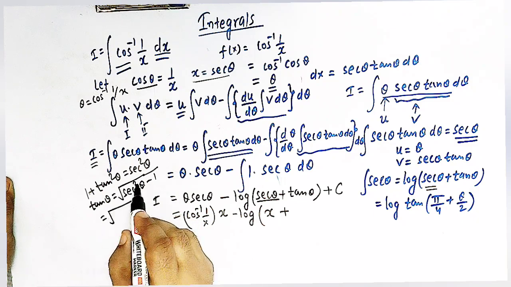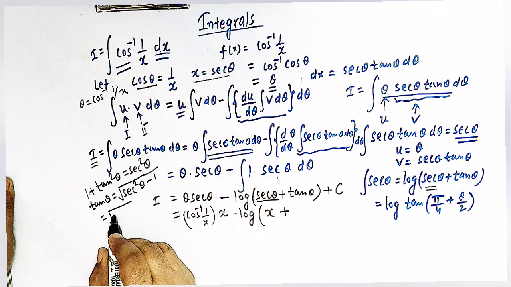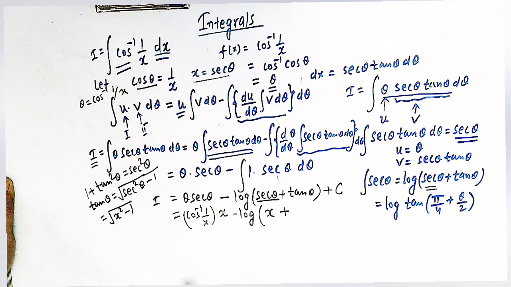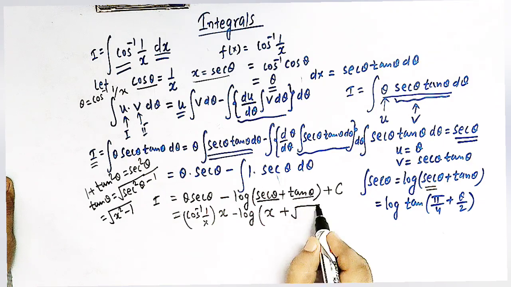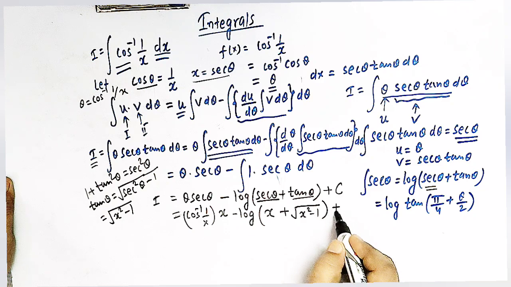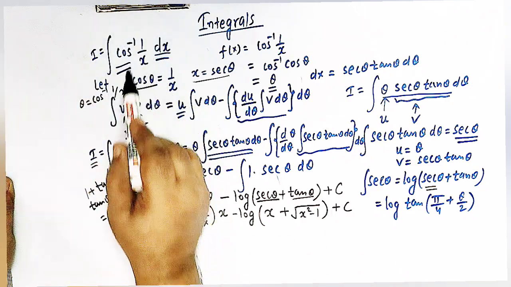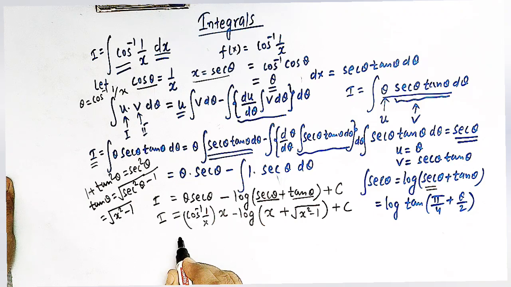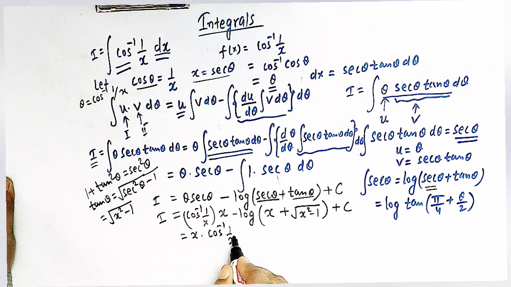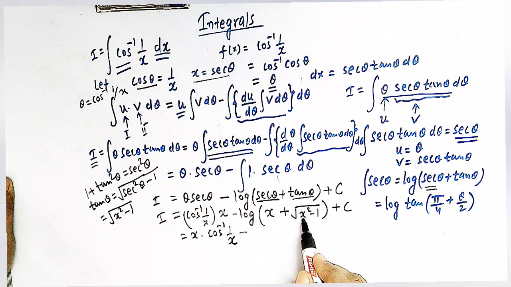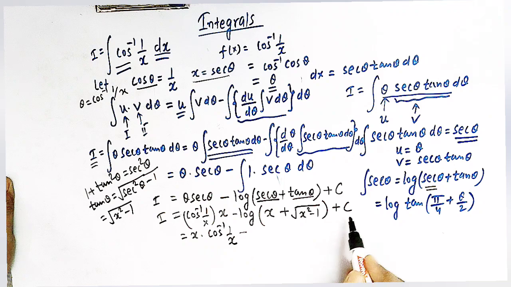If we take secant theta as x, we have x square minus 1. So for tan theta we have square root of x square minus 1 plus c. So the value of this integral is given by x times cos inverse of 1 over x minus log of x plus square root of x square minus 1 plus c.